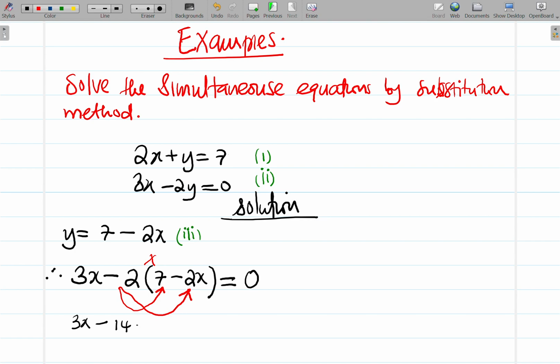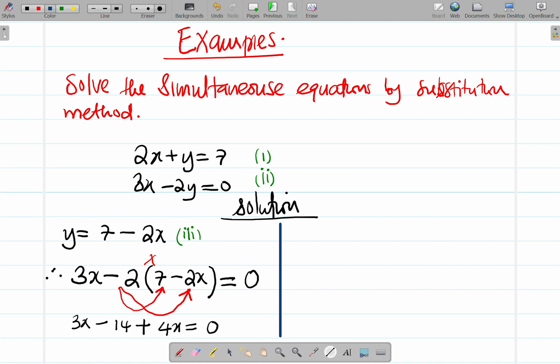Now, negative times negative is plus, so plus 4x is equal to 0. Are you seeing that? Now let's create a line there to demarcate my work.